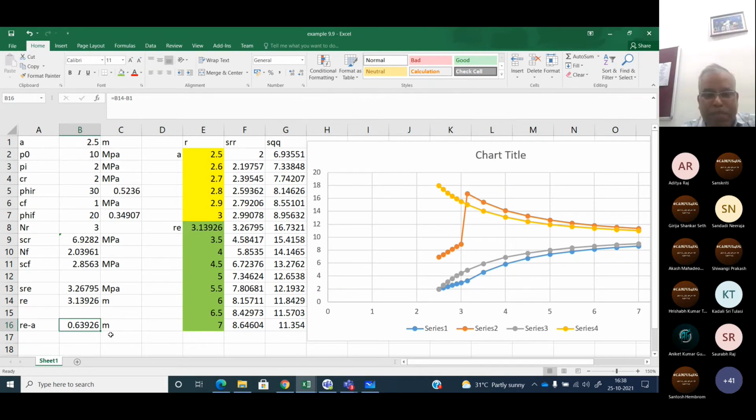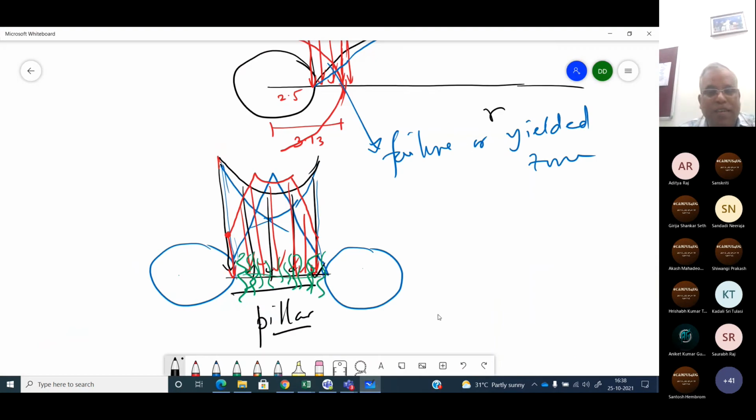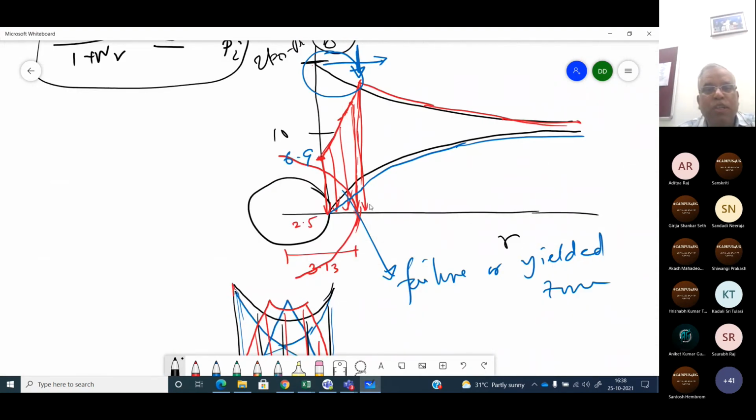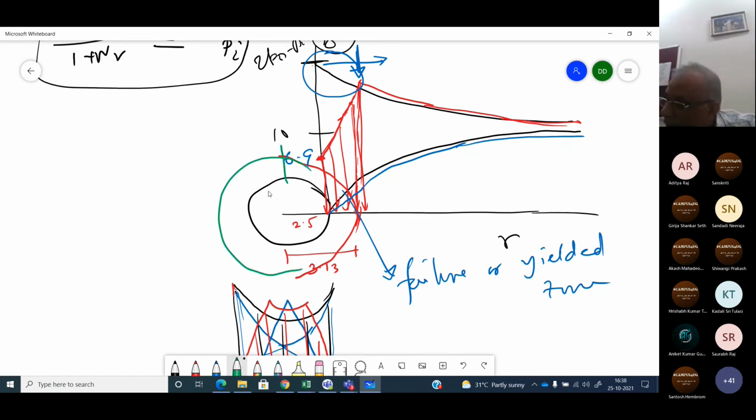What I mean is that if I have to give this Pi, then I will require a bolt, because the failure is all around. I need a bolt which goes all the way.